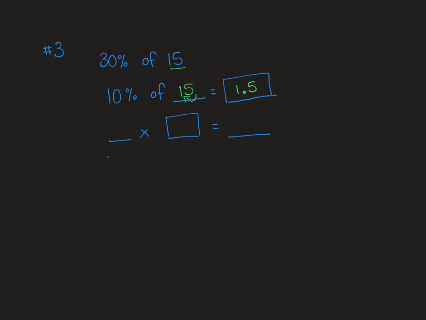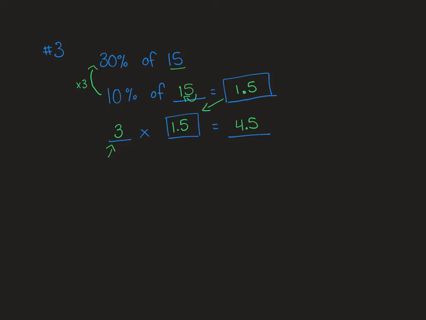Then, in order to get this number here, I'm going to figure out what do I need to multiply 10% by to get the percentage they give me. So that would be times 3. So 3 times, my next box is the same as the other one, 1.5 is 4.5. And so that's how you would fill in these questions.